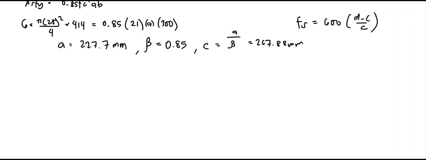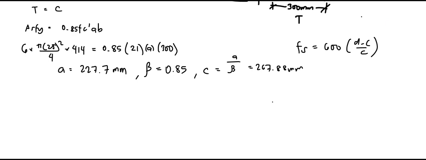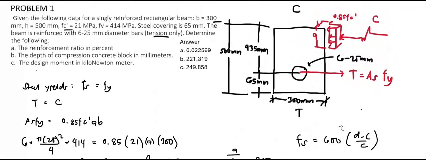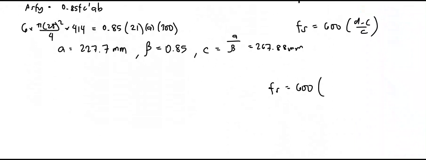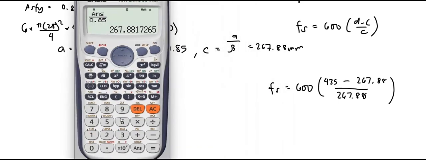Now solving for the stress felt by steel, that is Fs equal to 600 times the effective depth d, that is equal to 435 millimeters minus c, that is 267.88, all over 267.88. Solving for Fs, we get a value of 374.32.